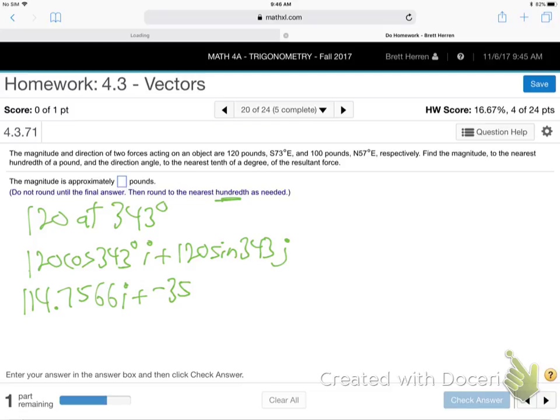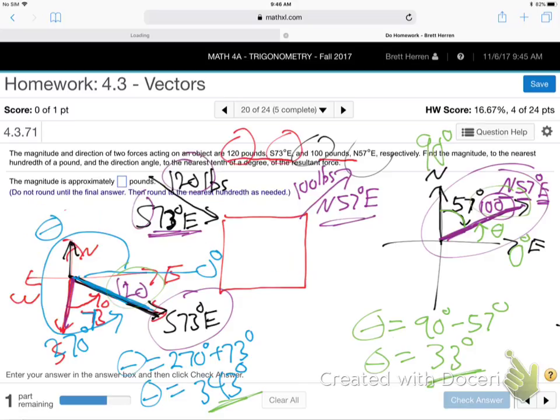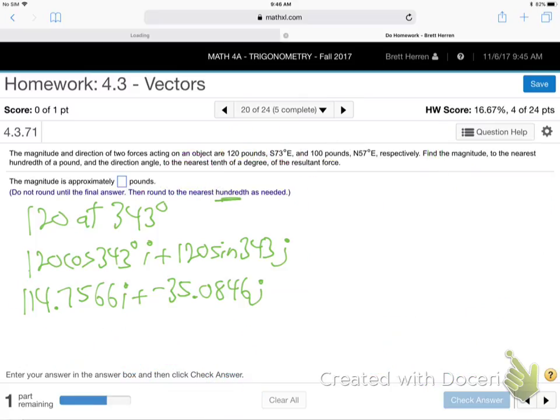That other one's down, so that's why this works beautifully. 35.0846J. We made that first force. Remember, that's the one that goes down and to the right. See how it is down and to the right? So it's positive I, negative J. That makes sense, huh? So we know 114 pounds is to the right. That's only 35 pounds downward force.